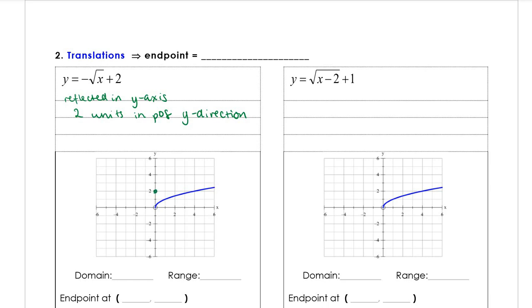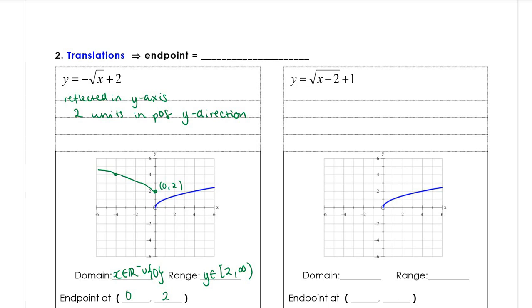So what would have been (-4, 2) is going to become (-4, 4), and our new endpoint is going to occur at (0, 2). Our domain in this case is going to be all our negative numbers, including 0, and our range now just goes from 2 to infinity instead, because it's going to keep climbing up.